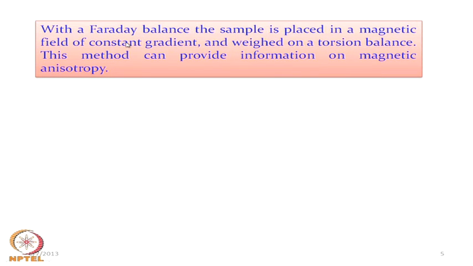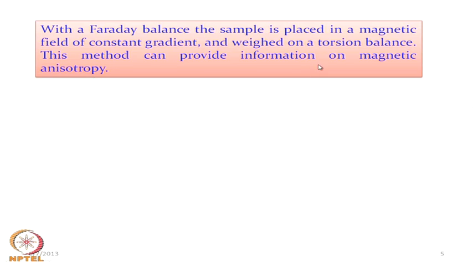And the third type of balance we can have is the Faraday balance, where the sample is placed in a magnetic field of constant gradient and the weight is taken on a torsion balance. The method can also provide information on magnetic anisotropy.